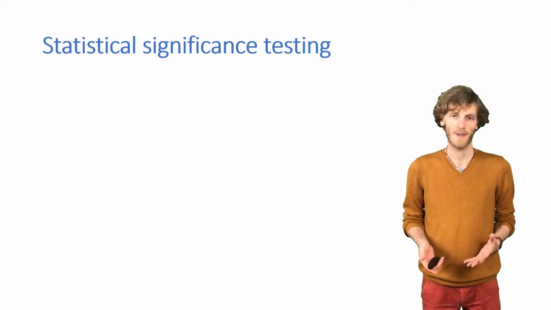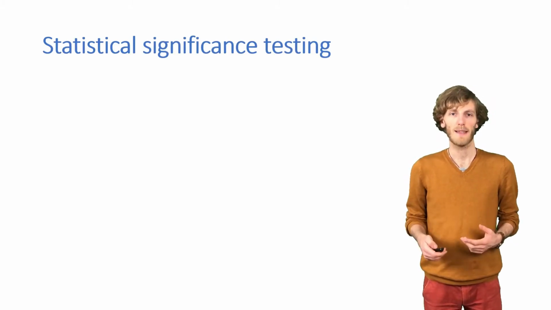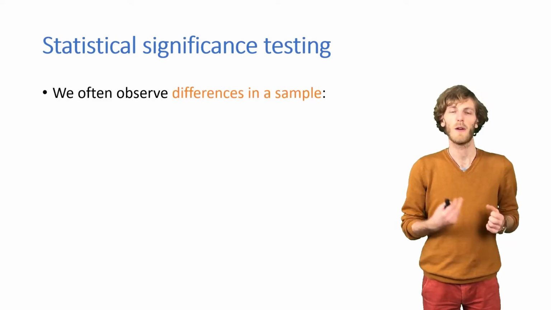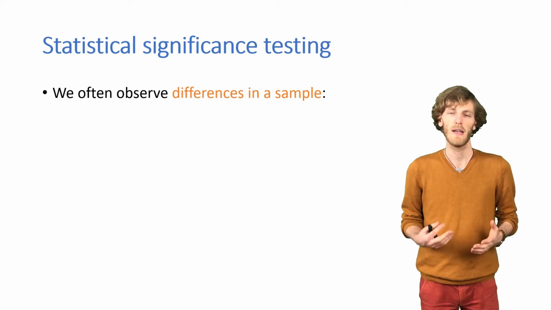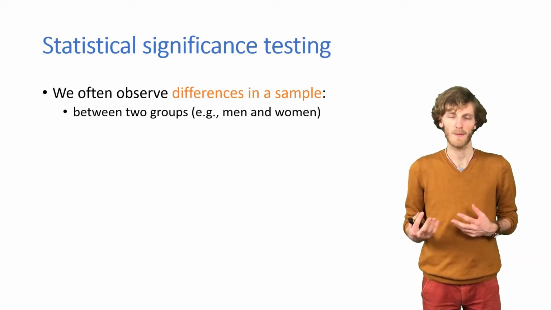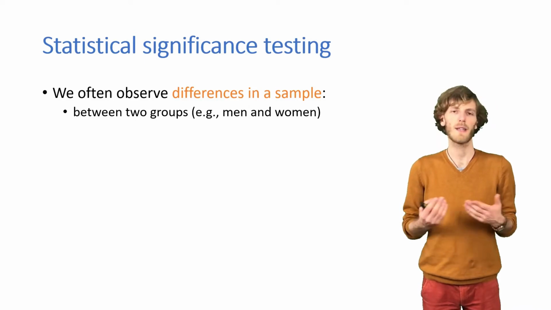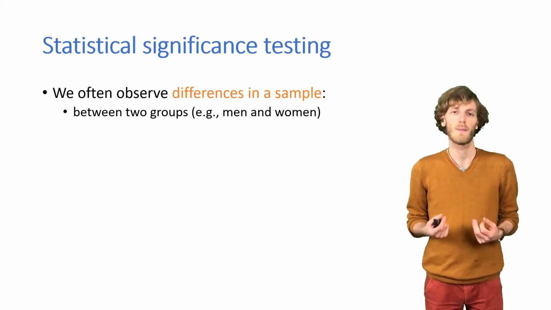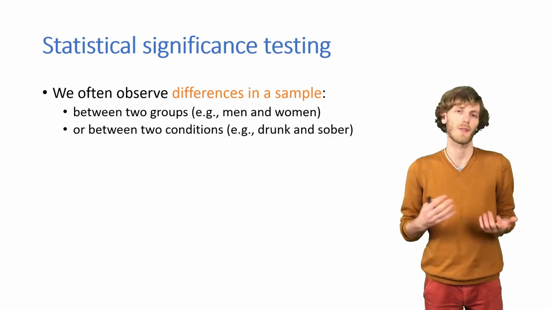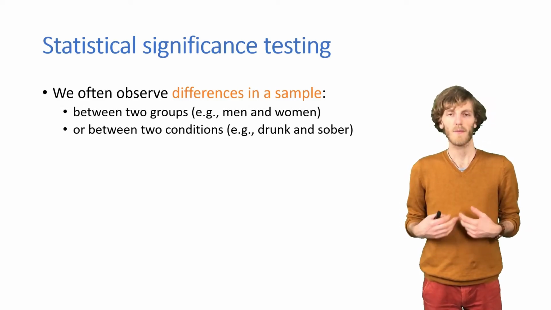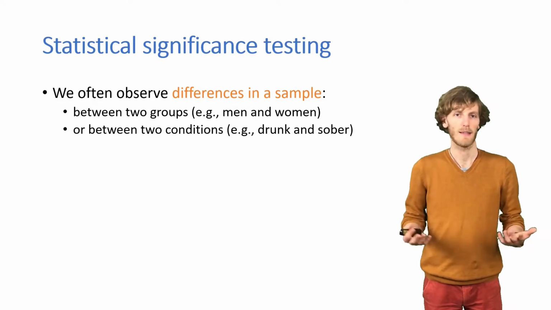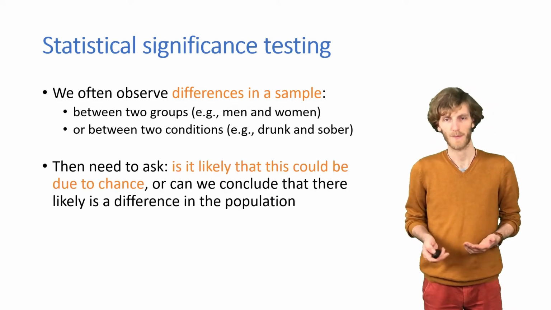So statistical significance testing is basically something that we need to do whenever we have a sample and we observe a difference in that sample. So it might be a difference between two groups, it might be a difference between men and women performing differently on some task, or it might be a difference between two experimental conditions, for example, drunk and sober, where again there might be a difference in some performance measure.